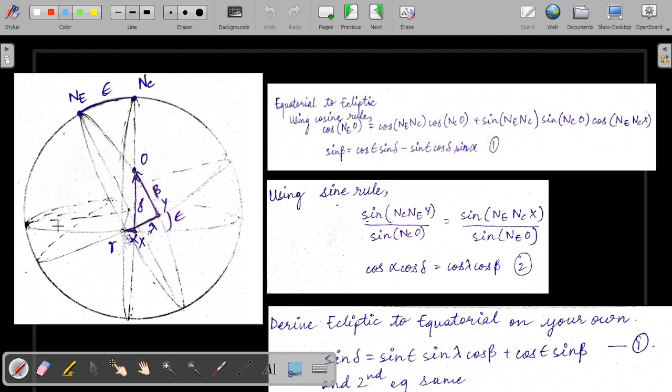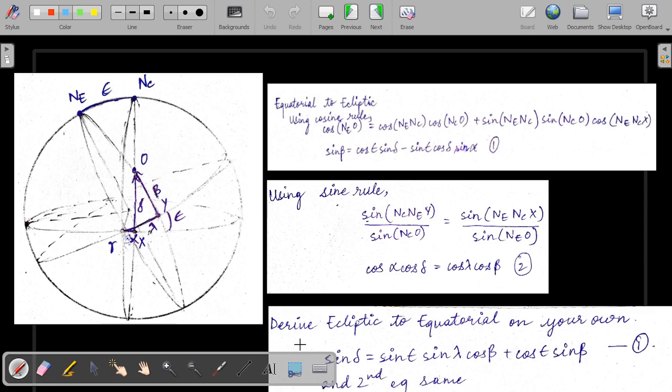And now of course you use the sine rule and you get sine of the angle at N, which is the sine of 90 minus lambda, over the arc opposite to it, which is the sine of NCO, which is the sine of 90 minus delta, and we use the sine of the angle at N, which is the sine of 90 plus alpha, over the sine of NEO, which is 90 minus beta.